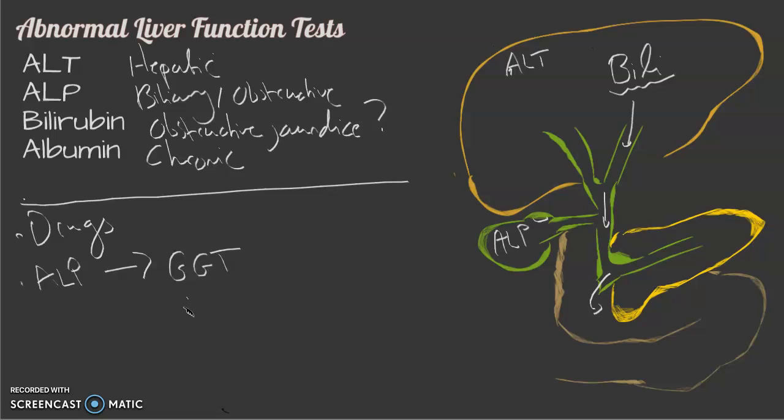It's also a good idea to get a vitamin D or a bone profile done just to check if the ALP is going down that route. We mentioned bilirubin having other causes as well, like hemolytic anemias. Next we're going to talk about different conditions which can affect the liver function tests.